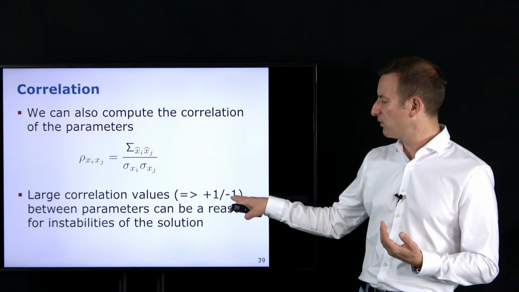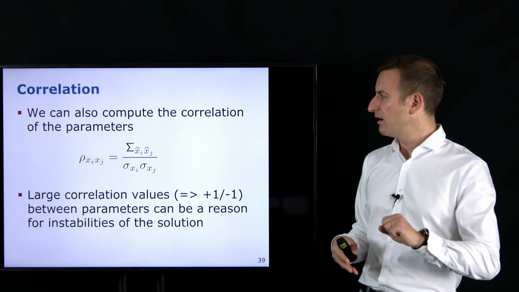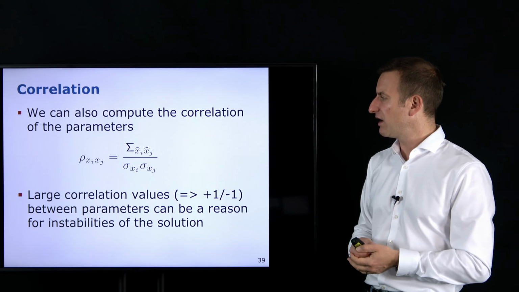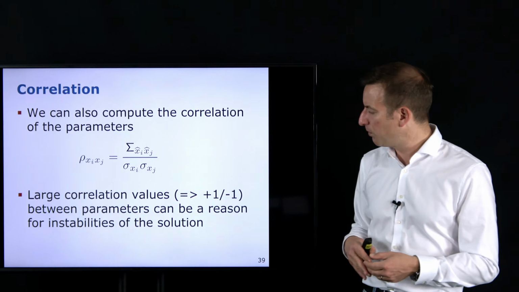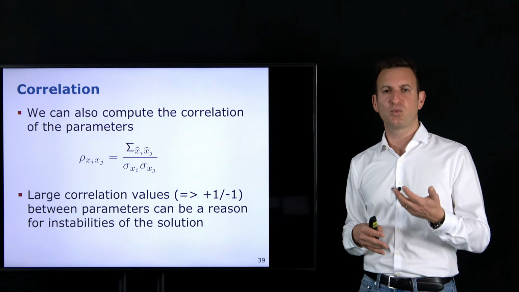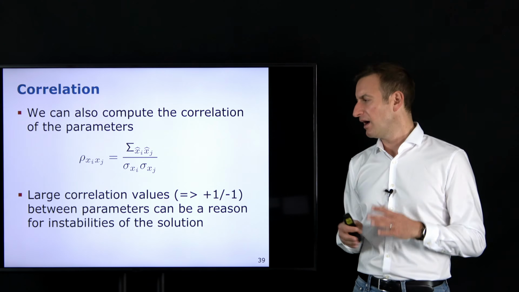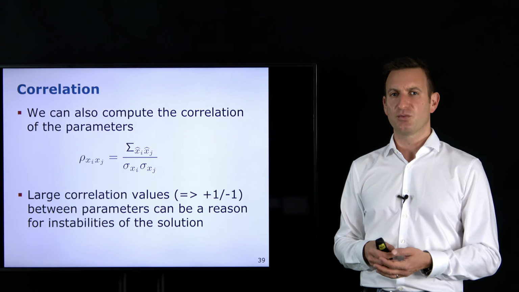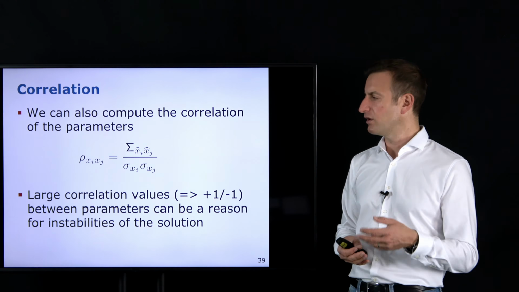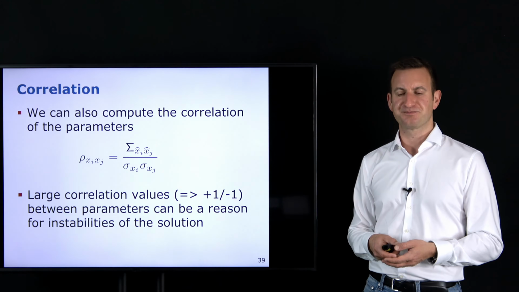So if I would get exactly 1 or exactly minus 1, then I have issues solving my system because I end up having rank deficiency. But if these values are close to plus 1 or minus 1, then I can have an unstable solution. So I may want to verify that those values are not close to plus 1 or close to minus 1 to make a statement about the solution that I'm actually getting.